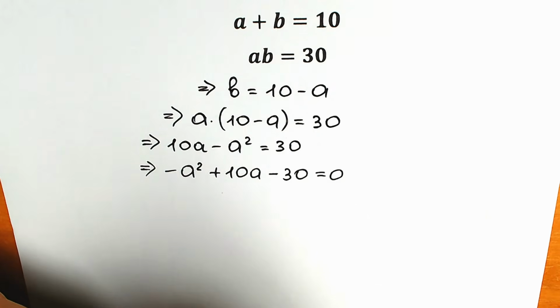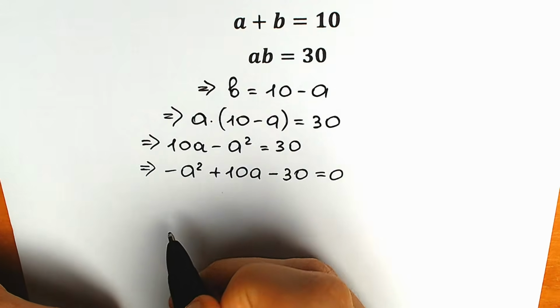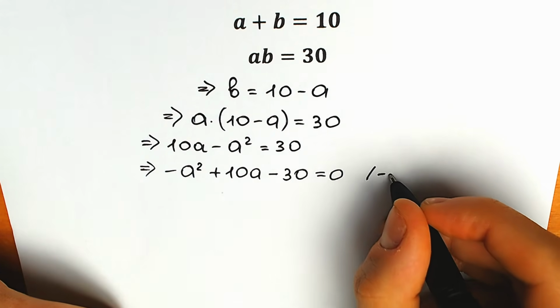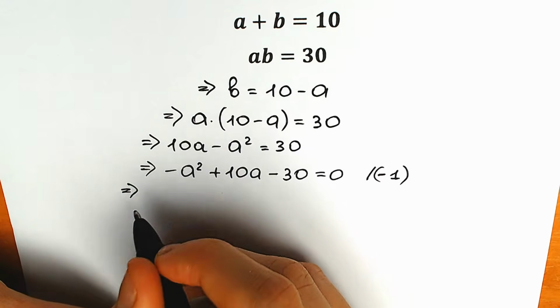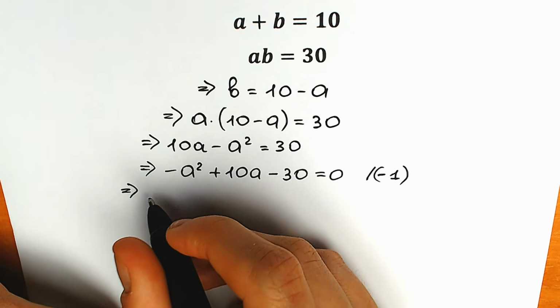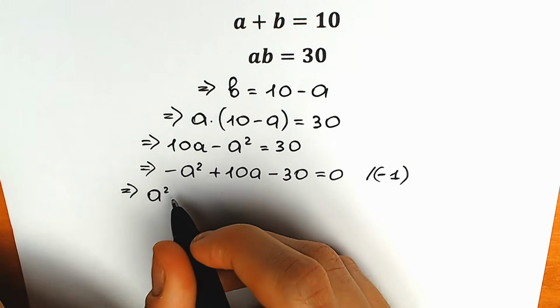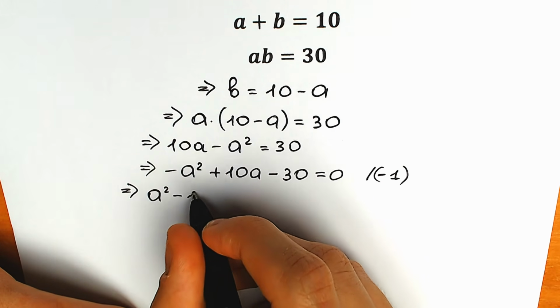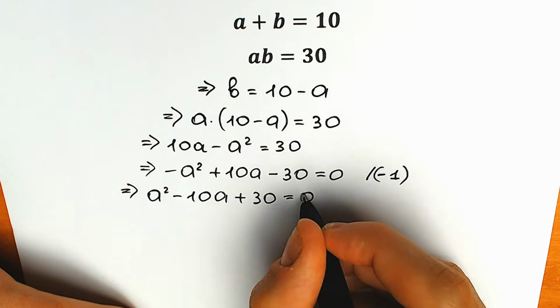We don't like this negative sign, so my quick hack is to multiply both sides by minus 1. As a result, we have a classic order of signs, because it's much easier to work with the positive sign: a squared minus 10a plus 30 equal to 0.